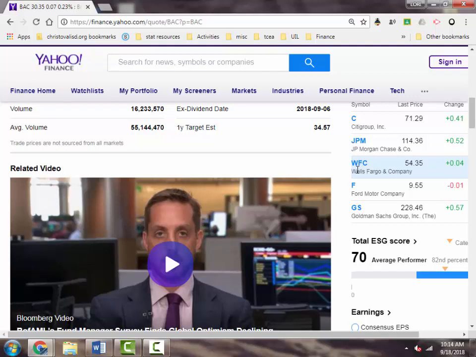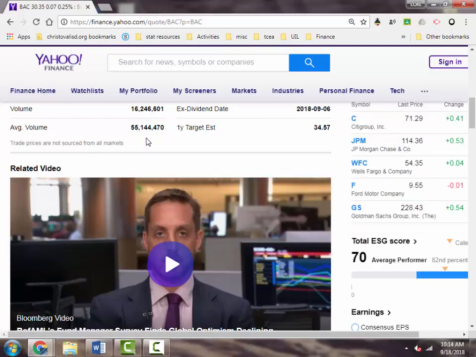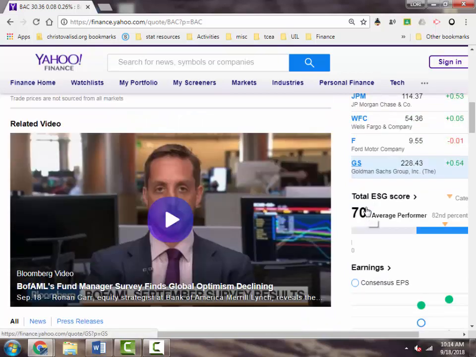Wells Fargo, another financial. Ford Motor Company, is that a financial? Does it have financial implications? They do loans, right? Goldman Sachs is another financial. So those are all different ones to look at.